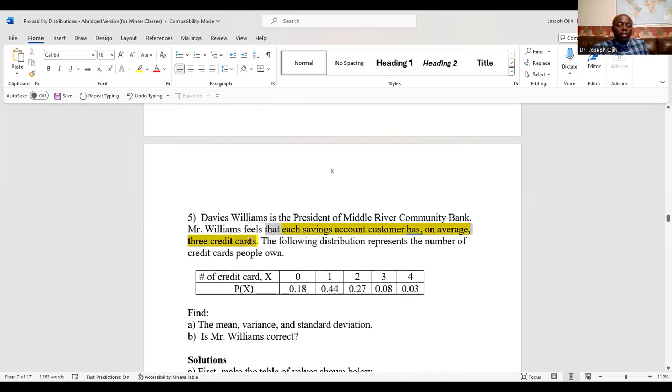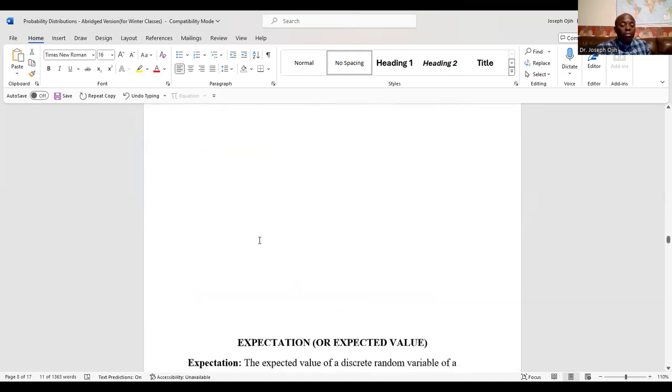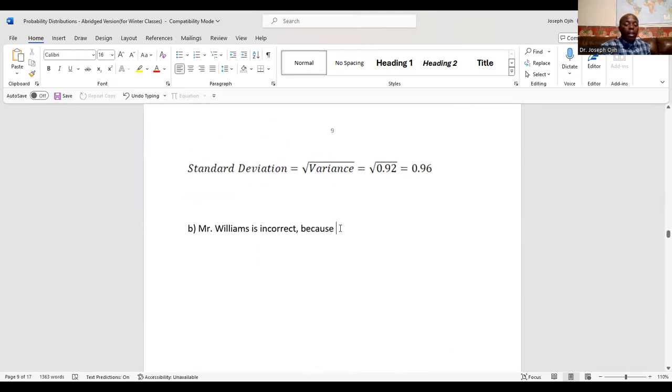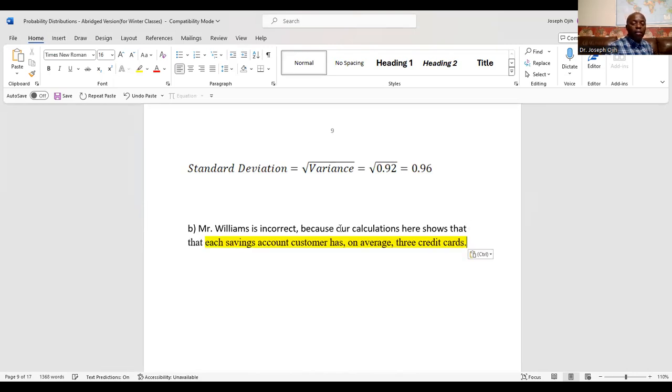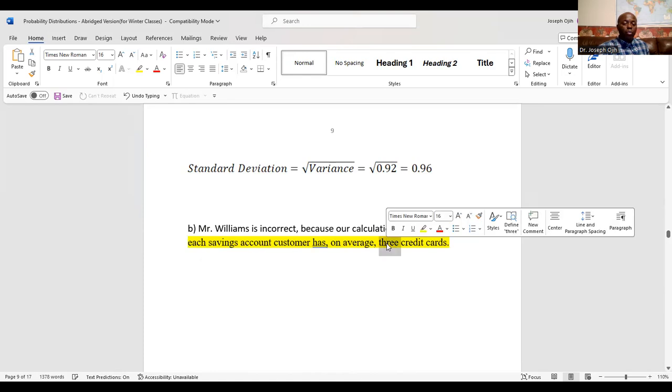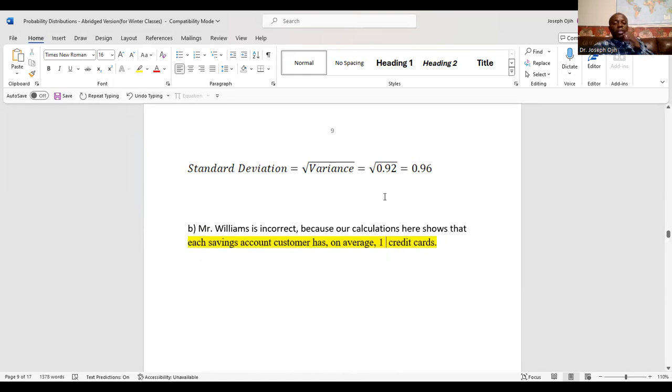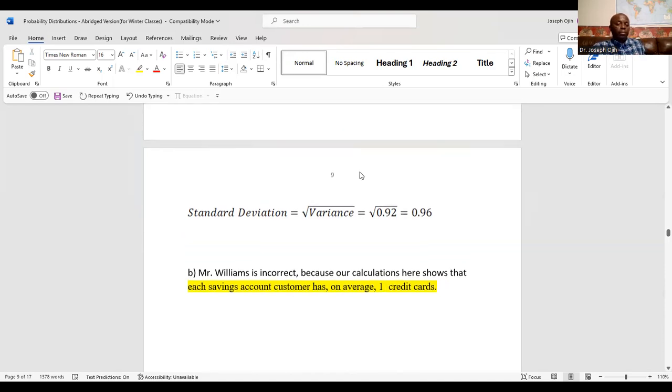Our calculations here show that each savings account customer has on average one credit card, not 3 credit cards. He's claiming 3, but that's why it's 1 credit card.